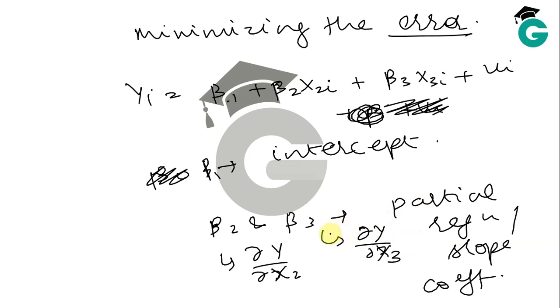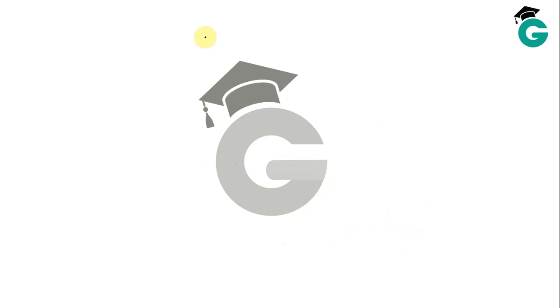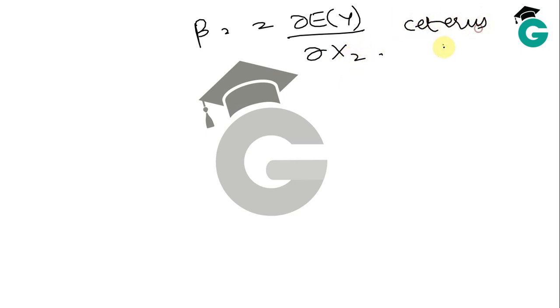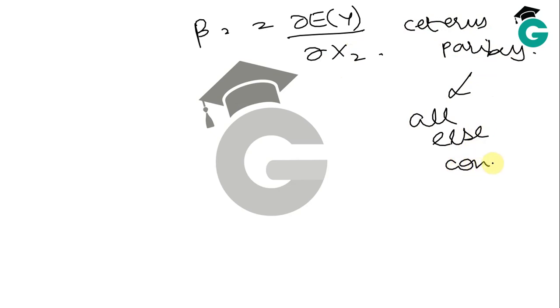It is very important not to undermine the strength of what you are saying. When I say that beta 2 equals del expected value of y by del x2, I'm saying that beta 2 is the change in the expected value of y given a unit change in x2, ceteris paribus, which basically translates to all else constant.